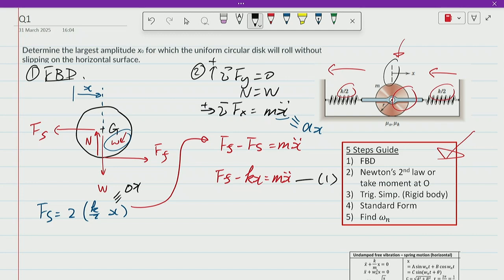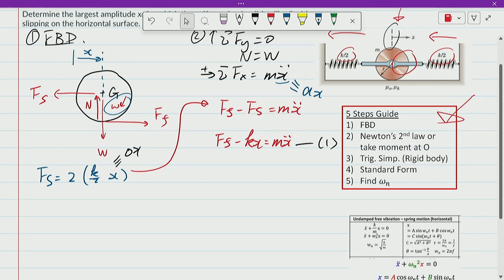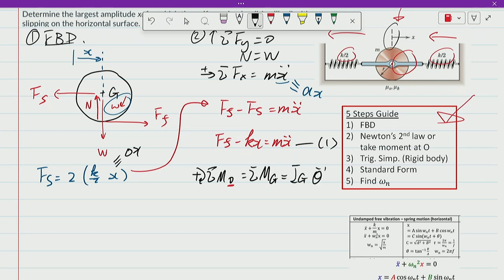Questions so far? Now we have to take the moment. Counterclockwise positive, clockwise positive. Again, very important, we're taking it at O. In this case, we got lucky that it overlaps with our gravitational center. Do not always assume that is the case. But because it overlaps with our gravitational center, we can use IG instead of IO. Again, theta dot dot instead of alpha.